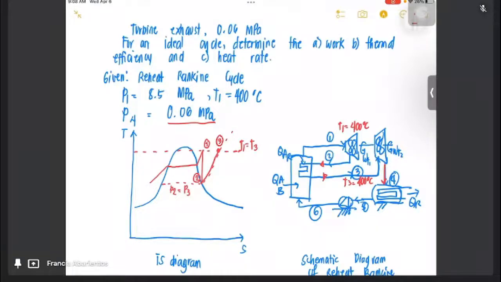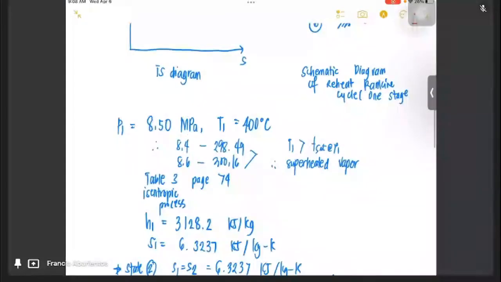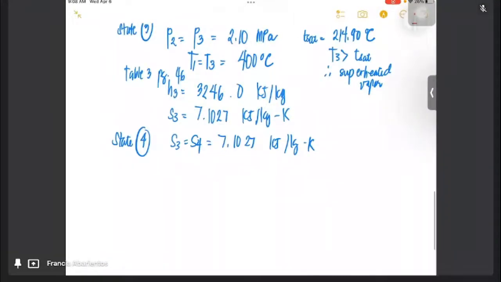Okay? Yung pressure 4 natin is 0.06 MPa. But since from point 3 to point 4, that is also an isentropic expansion. Okay? So, yung pressure 4 natin given at 0.06 MPa.